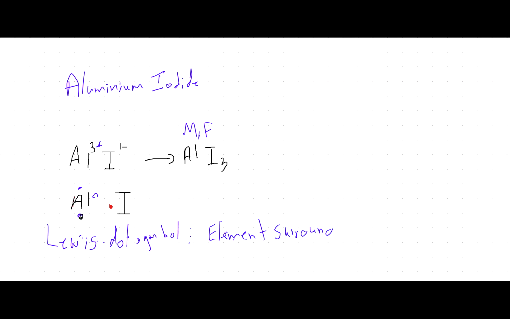And what is valence electron? It is the number of electrons in the last shell. Not how much it will gain or lose. This is valence electron, not valence charge. Iodine is in group 7, so it has 7. Okay? Okay.